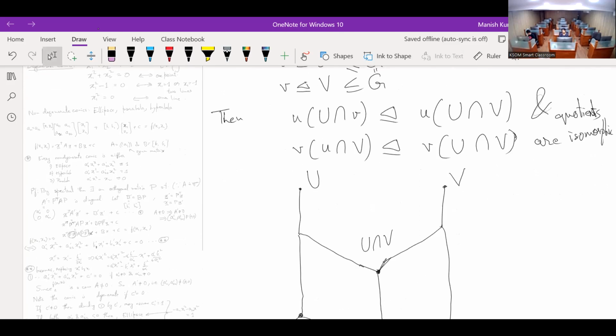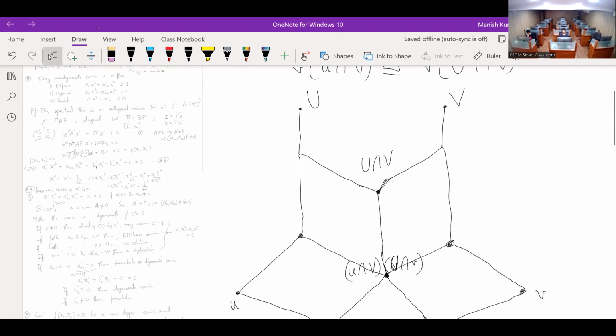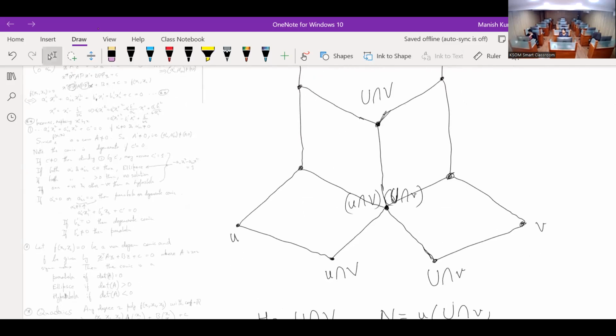But if we draw a picture, then it will become easier. These two dots represent the groups U and V. I'll tell you the principle by which we are drawing the picture. Let's call this small u.